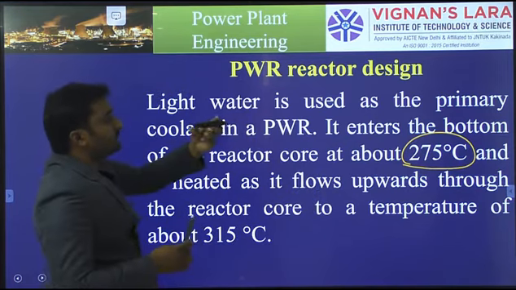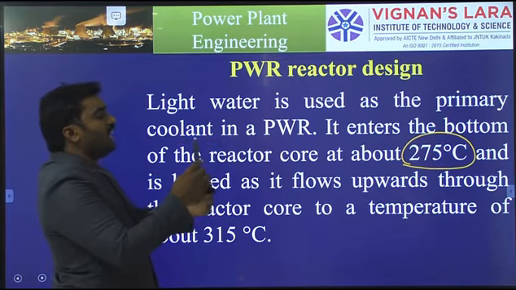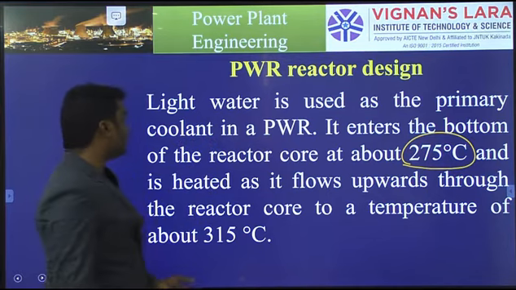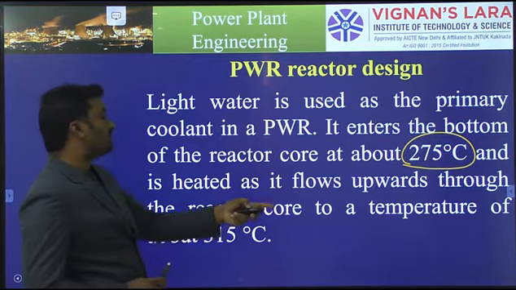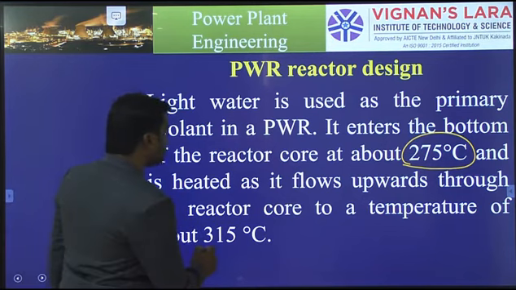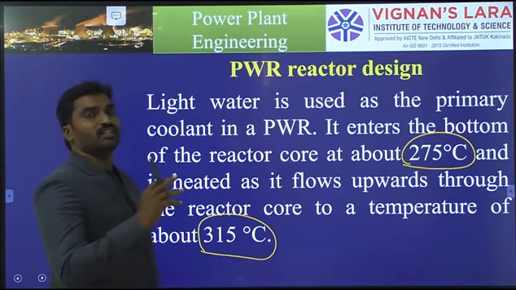So this is a reactor here. The water moves from the bottom at 275 degrees, at high pressure, and flows upwards through the reactor core to about 350 degrees centigrade. So the temperature increases as it moves continuously through the reactor vessel.